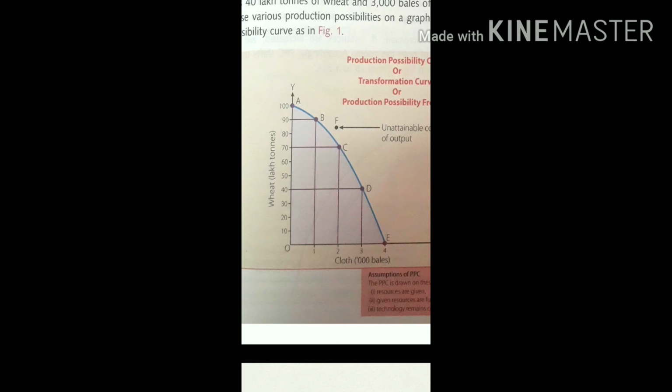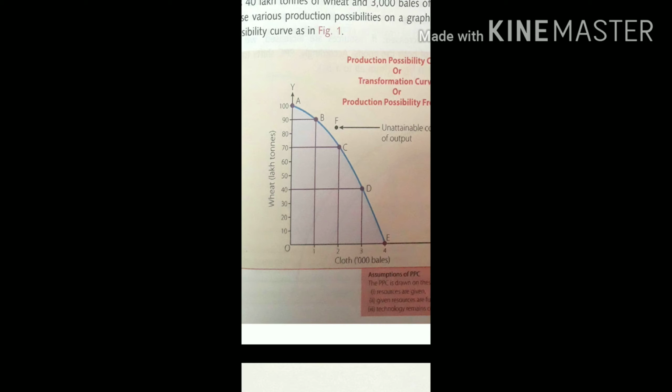If the production of wheat comes down to 40, then cloth increases to 3. And if we are not producing wheat at all, only producing cloth, it comes to 4.